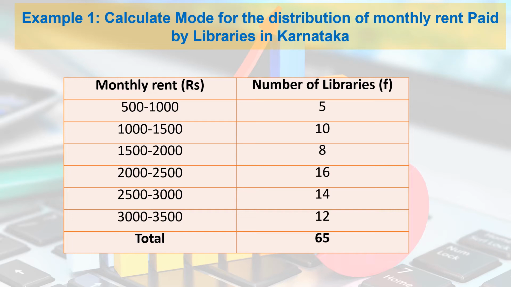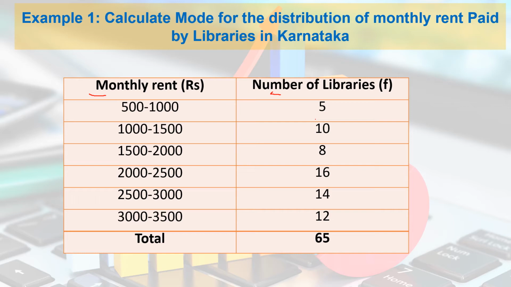Here the question is: calculate mode for the distribution of monthly rent paid by libraries in Karnataka. The monthly rent is given in class intervals, starting from 500 to 1000 till 3000 to 3500, with a width of 500, and the corresponding frequencies are 5, 10, 8, 16, 14, 12 and 6.